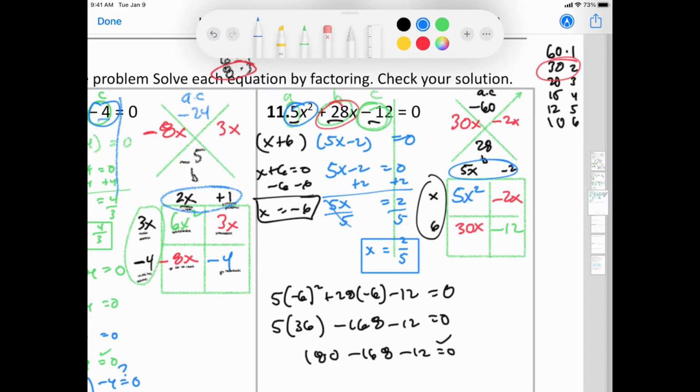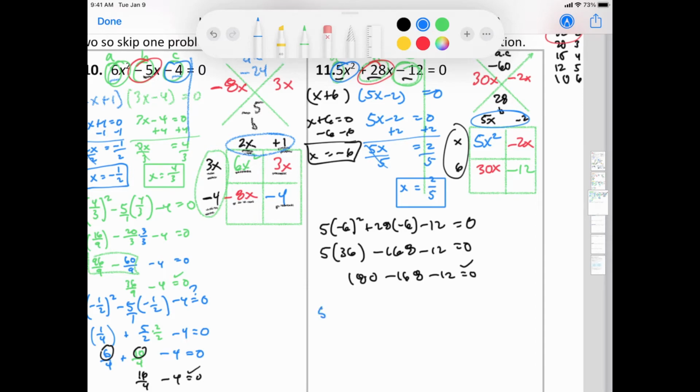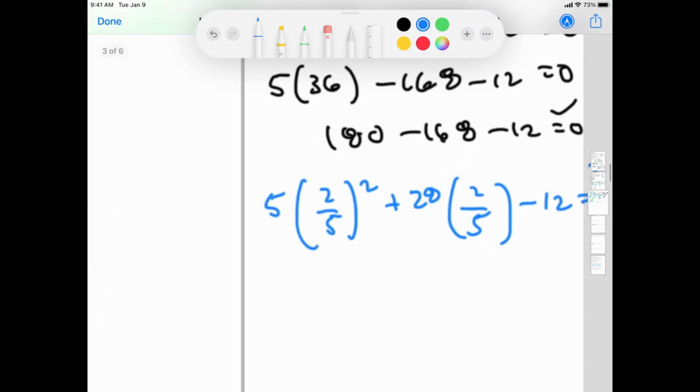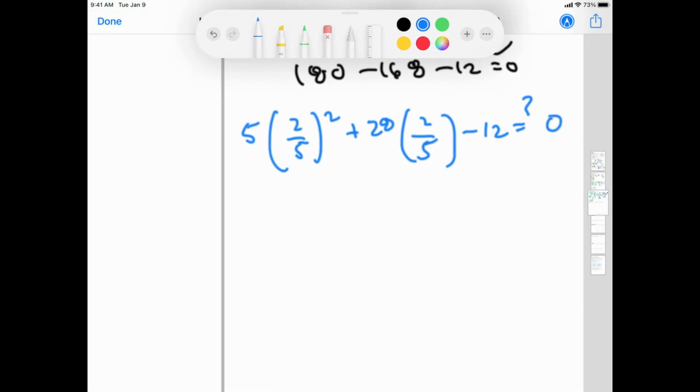Matches. All right, let's do the fun, wonderful fraction. 5 times 2/5 squared plus 28 times 2 over 5 minus 12. Does that equal 0? So exponents first. We are simplifying here, so I'm just using PEMDAS, which means parentheses and exponents. 2/5 times 2/5 is 4/25. And this one, multiply across, so 56/5.